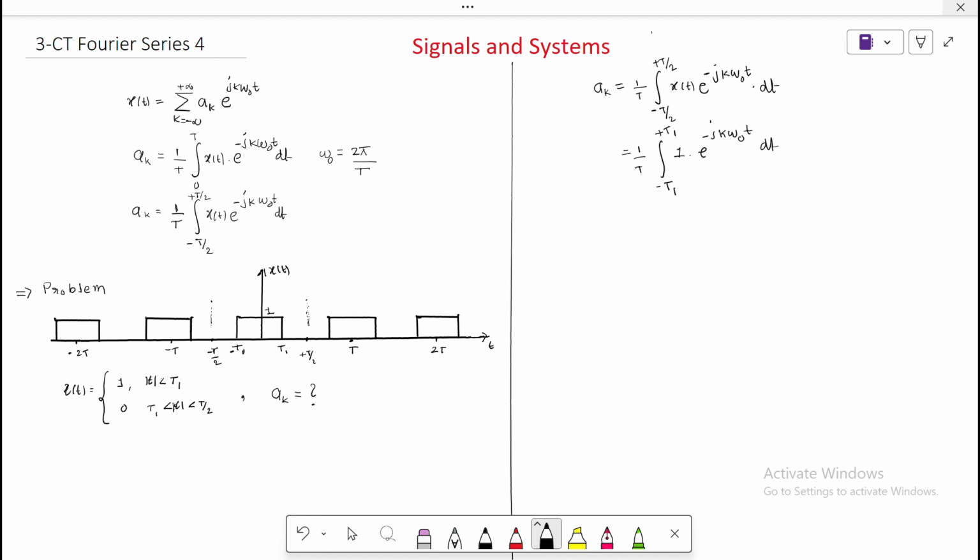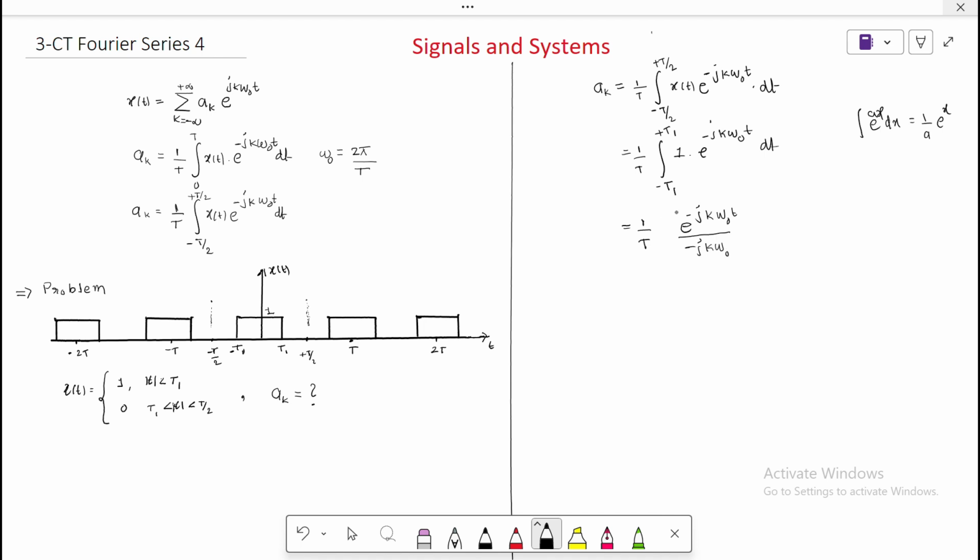This is a simple integration of an exponential. We know that the integral of e power ax dx equals 1 by a into e power ax. So we get 1 by T times e power minus jk omega naught t divided by minus jk omega naught, which is a constant.